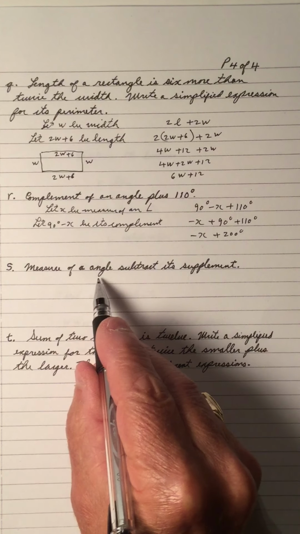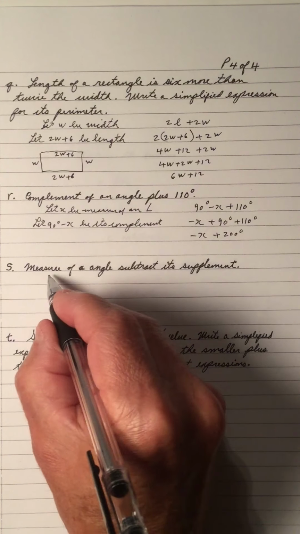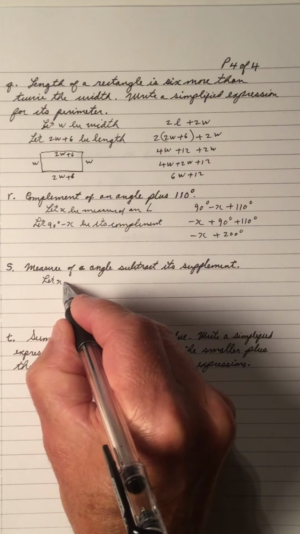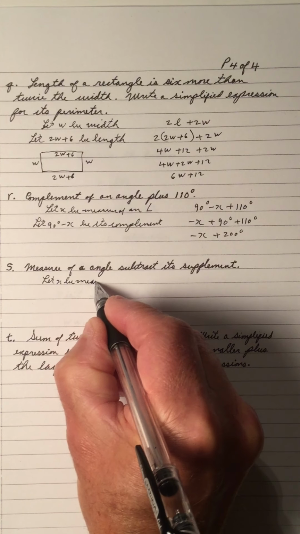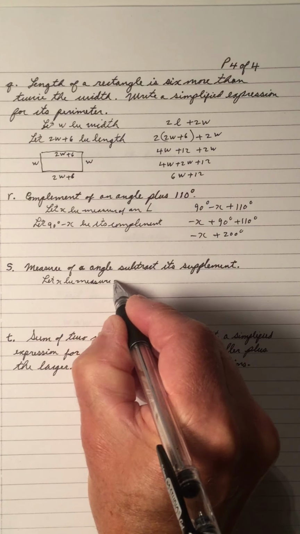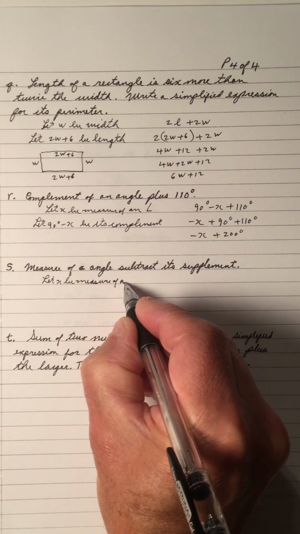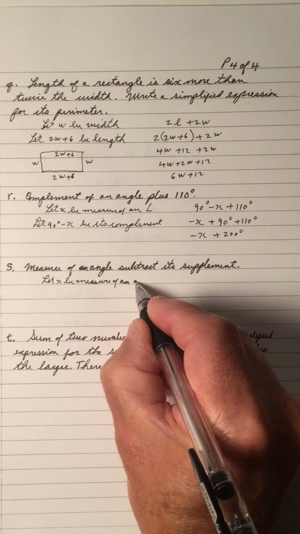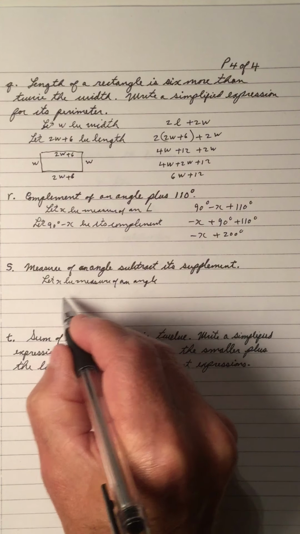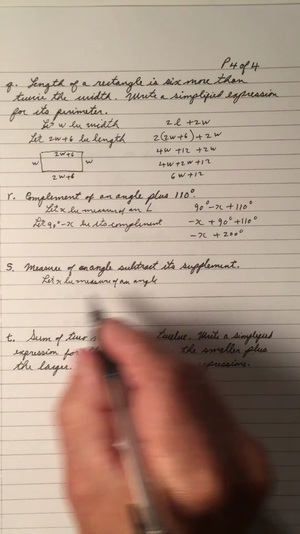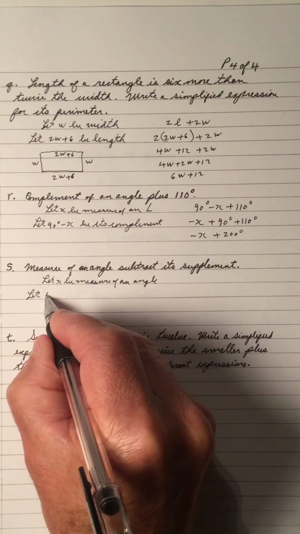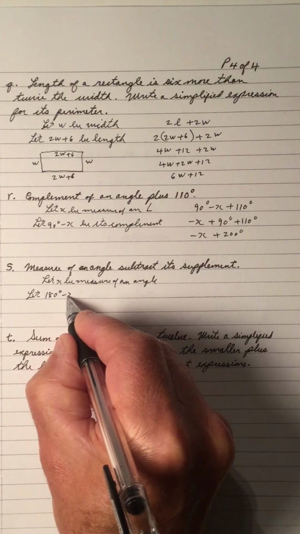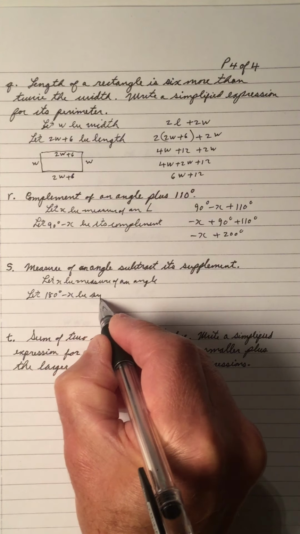Next, the measure of an angle, subtract its supplement. So we're going to let x be the measure of an angle. Then we're talking about the supplement. So we want to let 180 minus x be its supplement.